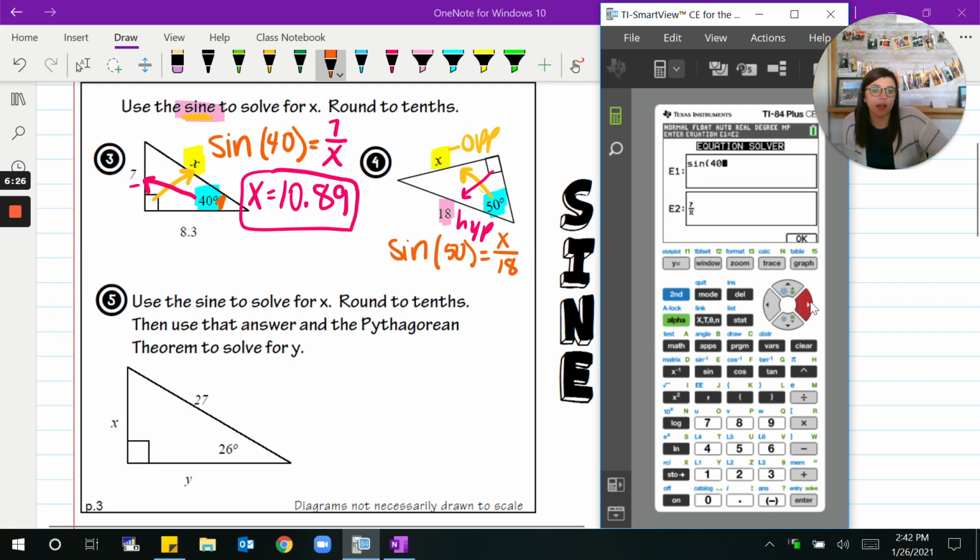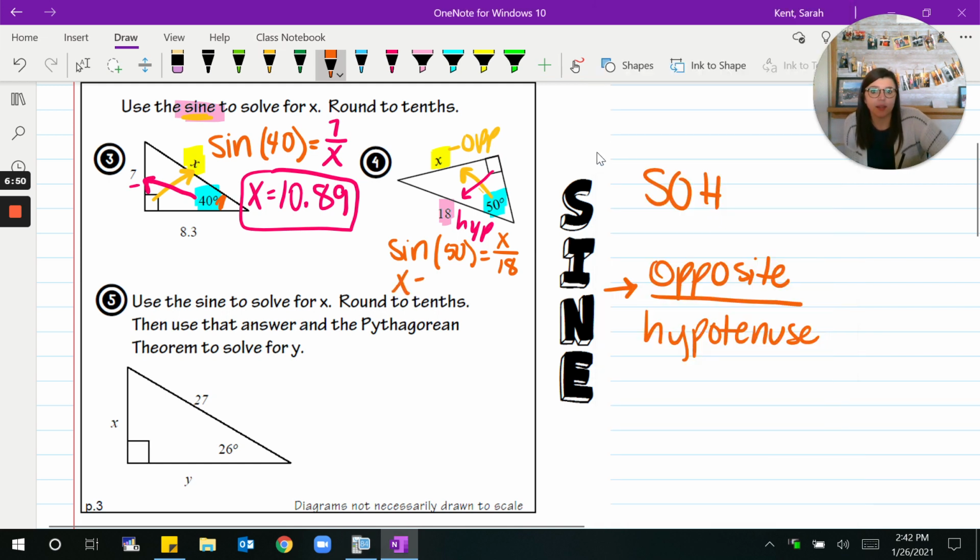And this time, my sine is 50 degrees. And then in my fraction, I have x over 18. So I press enter, alpha graph. My answer is 13.78. So for number 4, x equals 13.78.